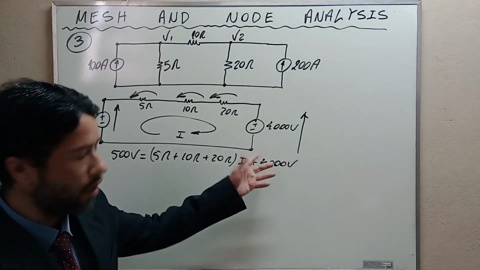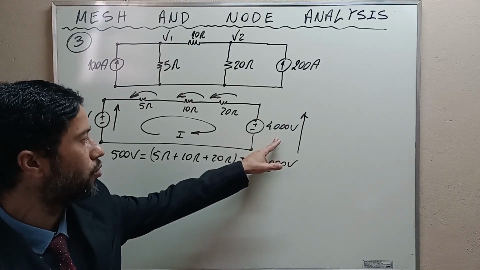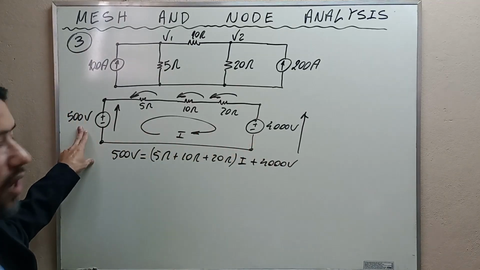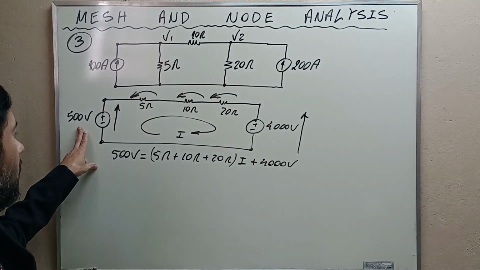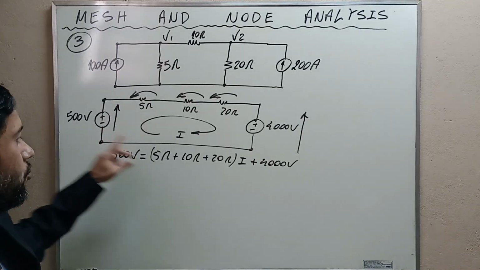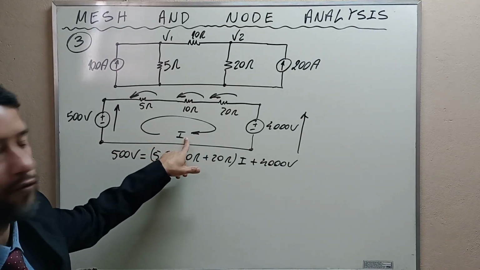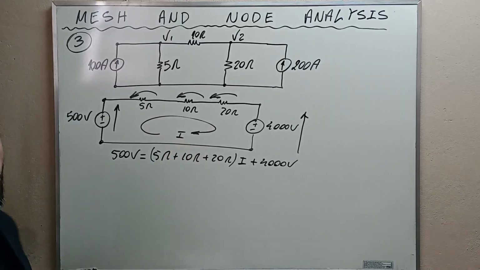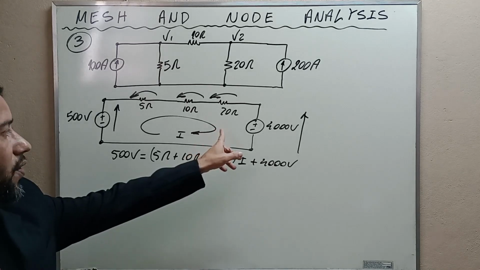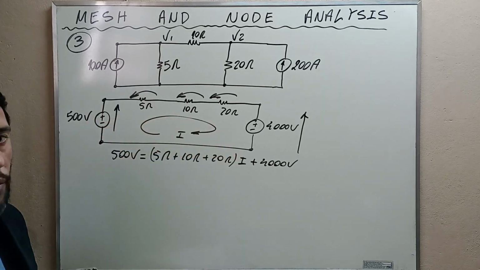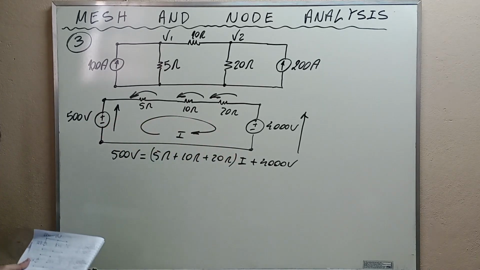Of course, 4,000 volts is larger than 500 volts. We are going to find a negative value for the current, but that is fine. The negative sign, of course, means that the current actually flows in the opposite direction.